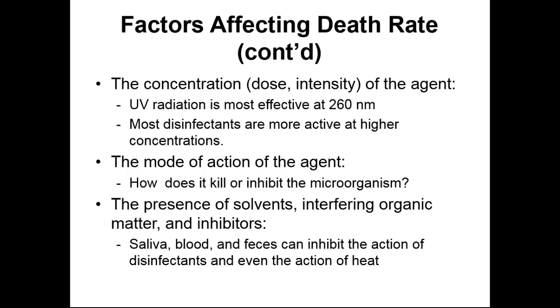If we look at disinfectants or chemical compounds, those cidal agents, generally speaking, the higher the concentration, the more active its disinfecting abilities are. And then finally, how does that agent kill the microorganism? Does it directly kill, or does it inhibit the growth of that microorganism? And then finally, we can have other random chemicals in solution. Is there going to be a solvent, or some kind of interfering organic matter, or some kind of inhibitor present?